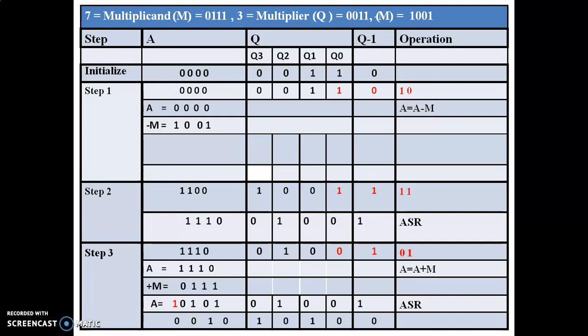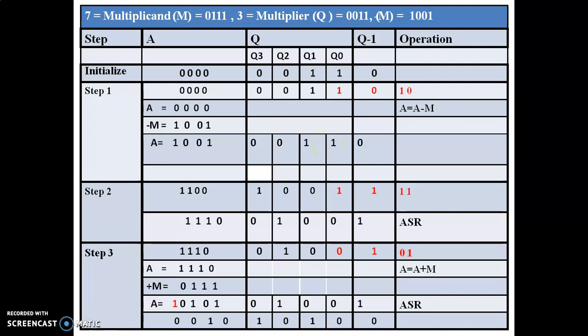After adding, what do we get? 0 plus 1 is 1, 0 plus 0 is 0, 0 plus 0 is 0, 0 plus 1 is 1. So the accumulator now has 1, 0, 0, 1. Q is represented as it is, that is 0, 0, 1, 1 comes down as it is. Only the contents of the accumulator change. Q minus 1 is the same.